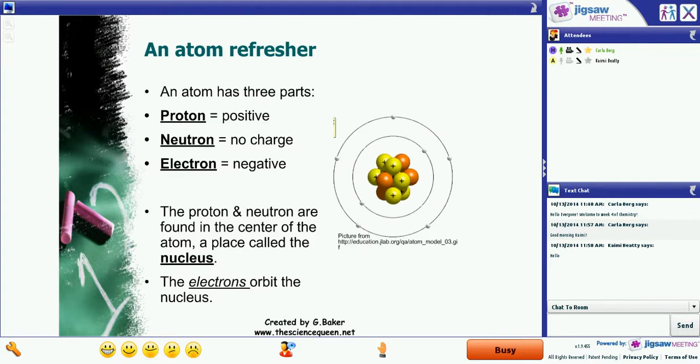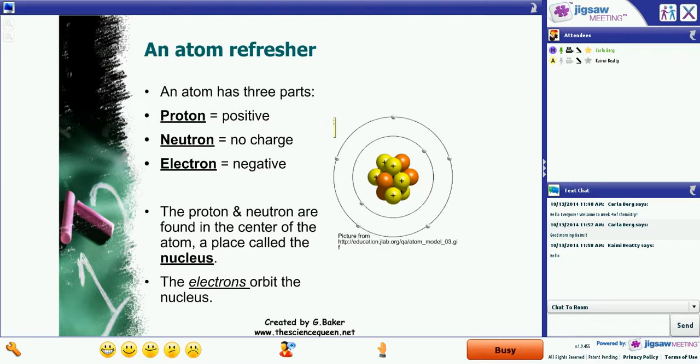So there are 3 parts to an atom. This is probably something that you know, but I just want to double check. We have protons, which are positive. You have neutrons, which have no charge. And you have electrons, which are negative. The way I remember this is pro, the start of proton, is positive, and nu is neutral for neutron.